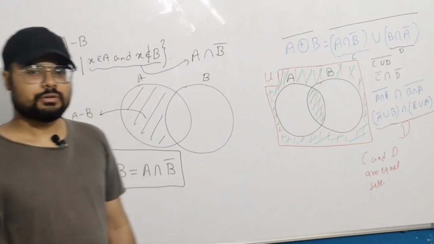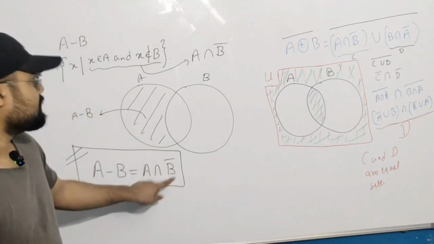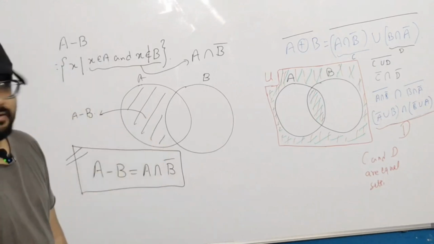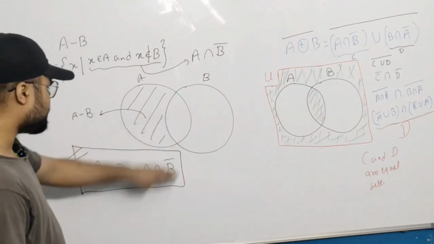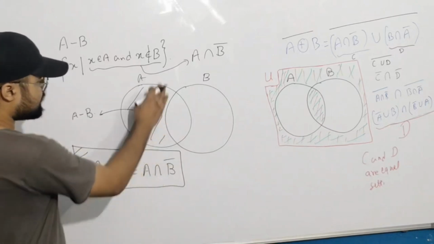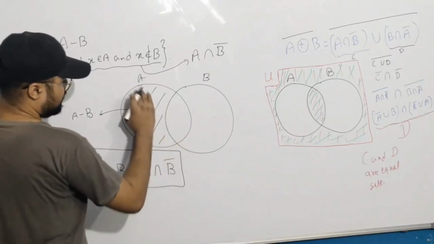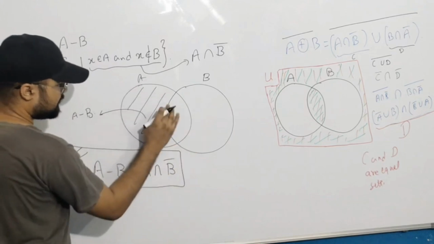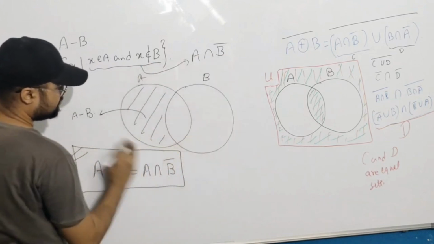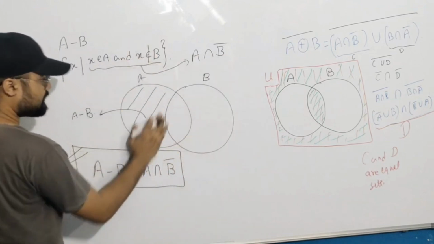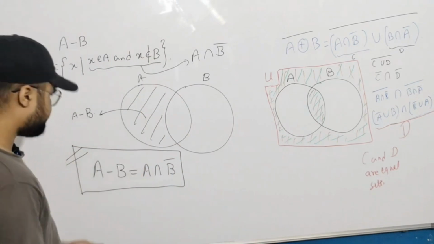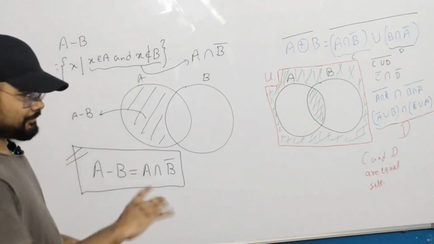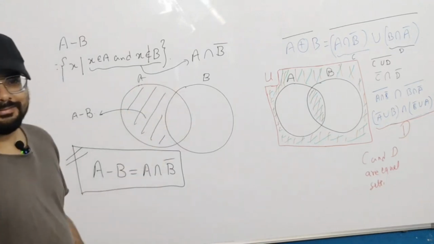In one of the previous videos, I came to this using a Venn diagram also, right? From the Venn diagram, it is also quite clear that this region is nothing but A intersection B complement. So this is the part. My hand waving should be clear, right?